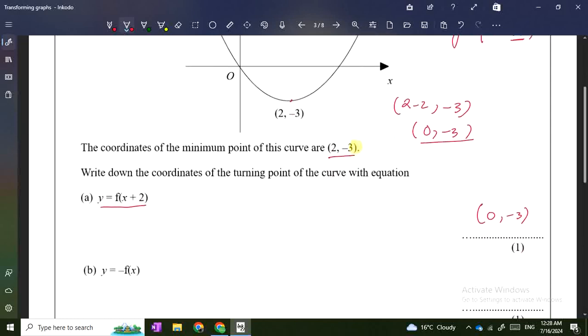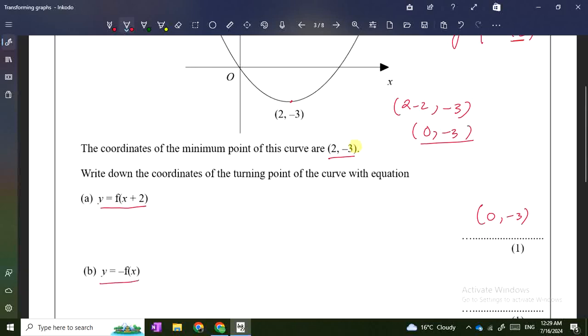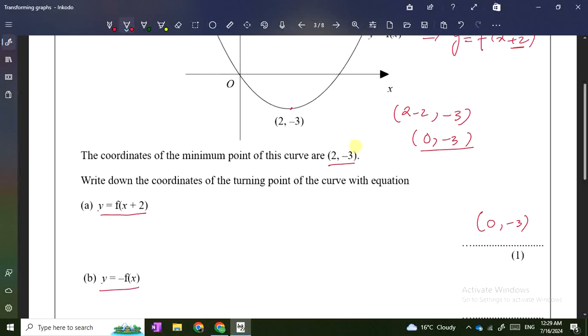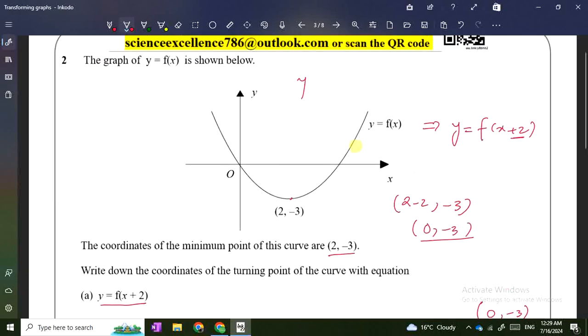Okay, part B is y equals minus f of x. If we have y equals minus f of x, this means it is minus 1 times f of x. So there is a change outside the function, a multiplication of minus 1 outside the function, so you have to do the same operation with the y coordinate.